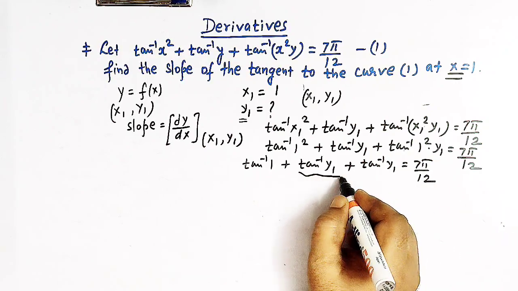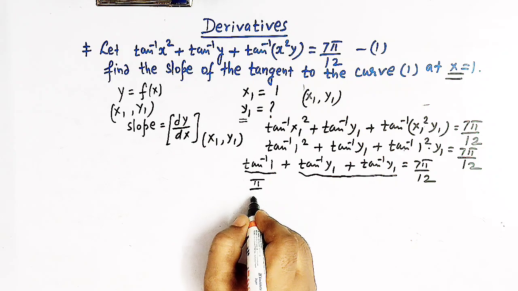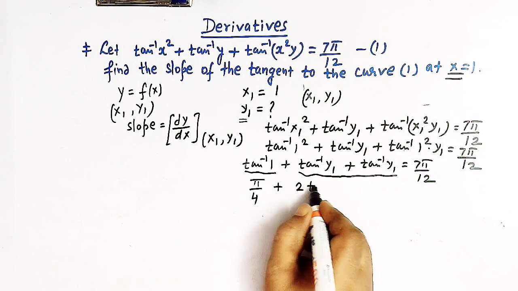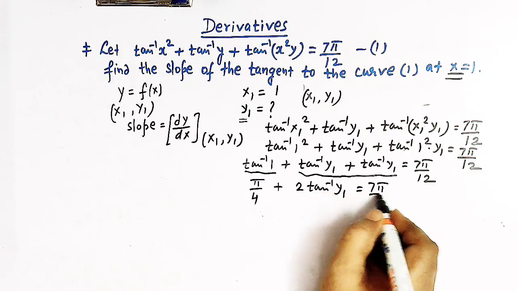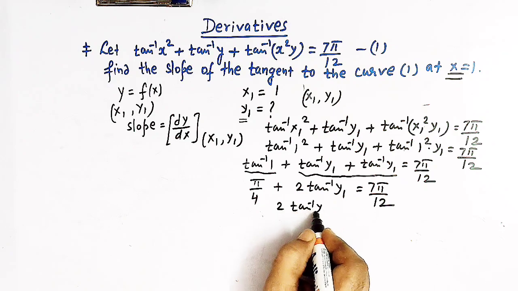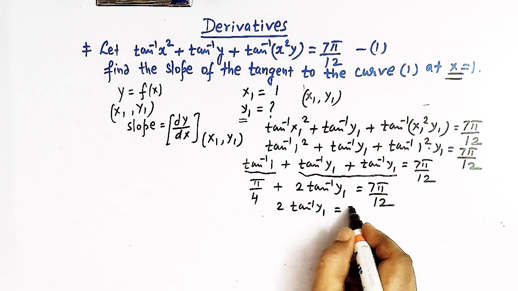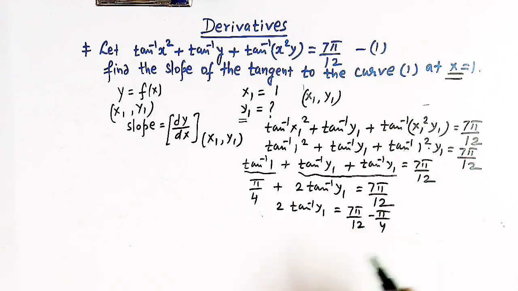These two terms get added, and tan inverse 1 is pi by 4, so we have pi by 4 plus 2 times tan inverse of y1 equal to 7 pi by 12. Taking pi by 4 to the right hand side, we have 7 pi by 12 minus pi by 4.